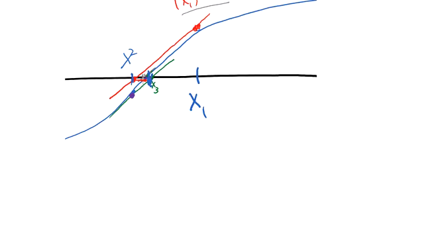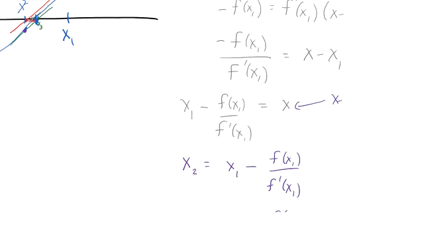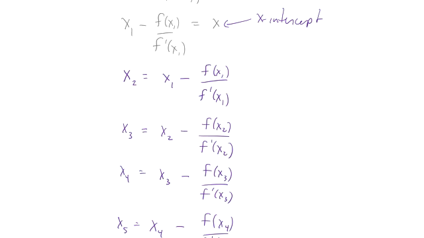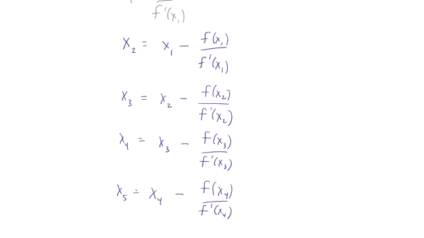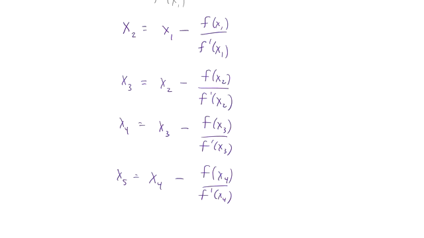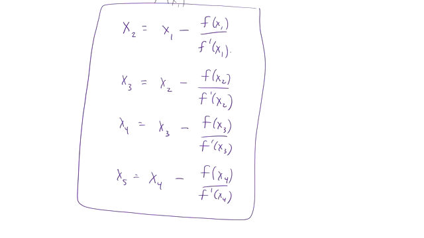So I just have to keep using this formula, this series of formulas, the same formula repeating itself over and over again until I get as accurate as I want.